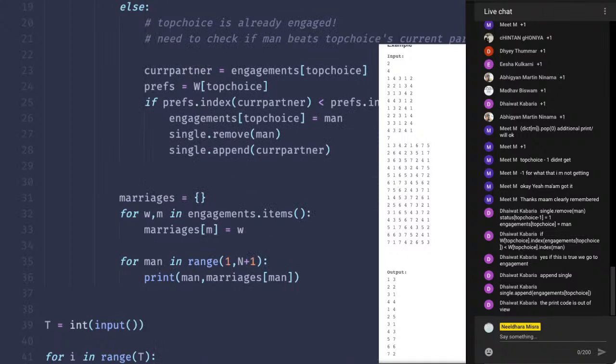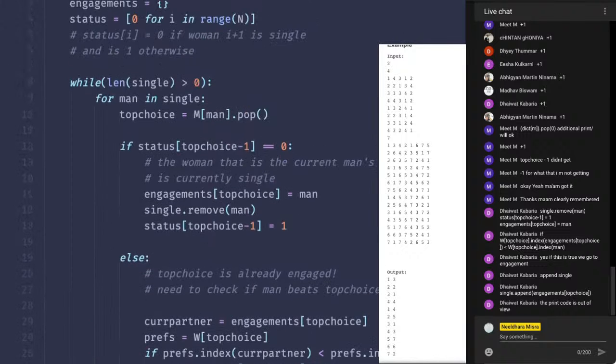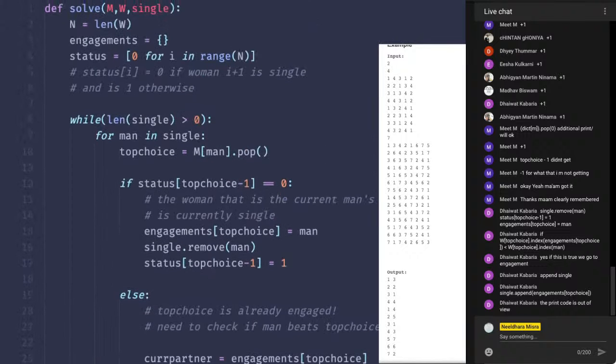So in particular, let me run this on the two examples that we have. So I am not okay. Let me just quickly double check the code here.